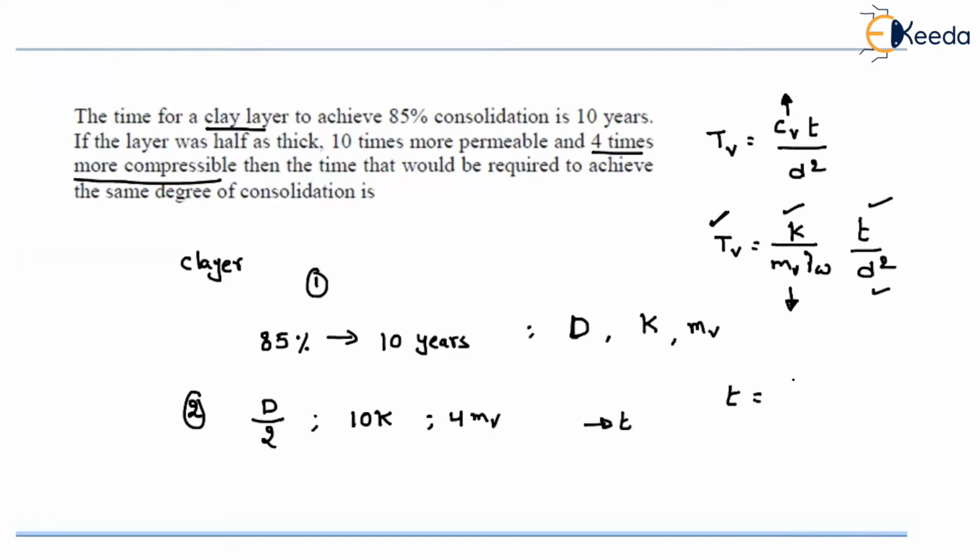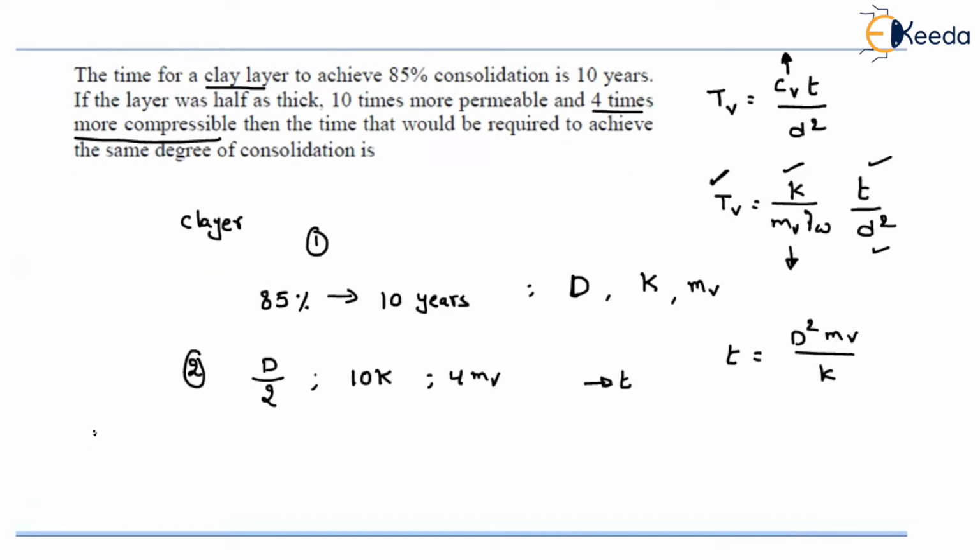If I take these outside, I get T equals D square into MV divided by K. So I can express the time required in the second case divided by the time required in the first case as equal to: the drainage path is directly proportional, so D2 by D1 whole square, into MV is also directly proportional, so MV2 by MV1. But permeability is inversely proportional, so I write KV1 divided by KV2.